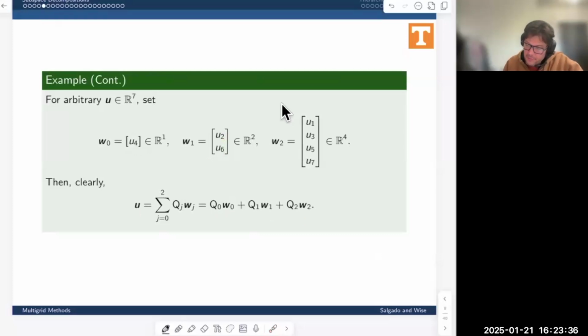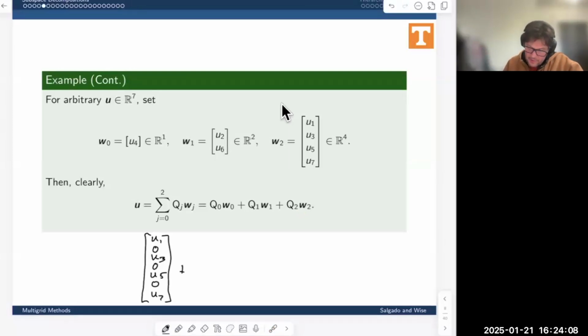So the first one gives me something like U1, 0, U3, 0, U5, 0, U7. That's the one coming from this vector, once I arrange it.